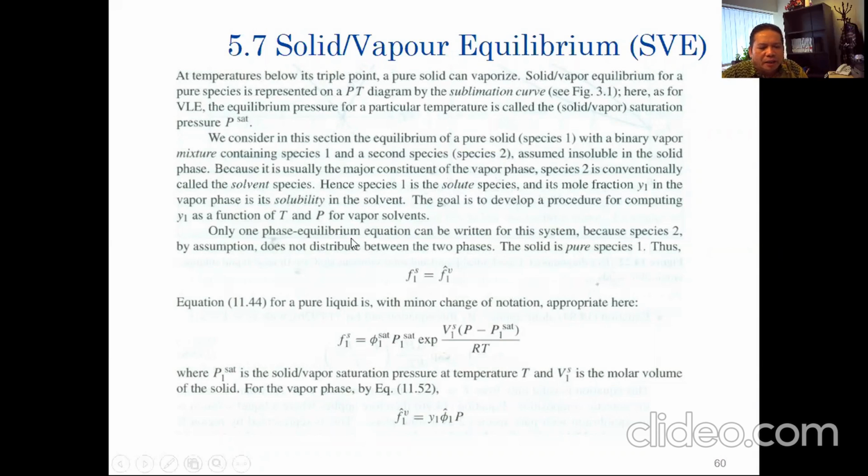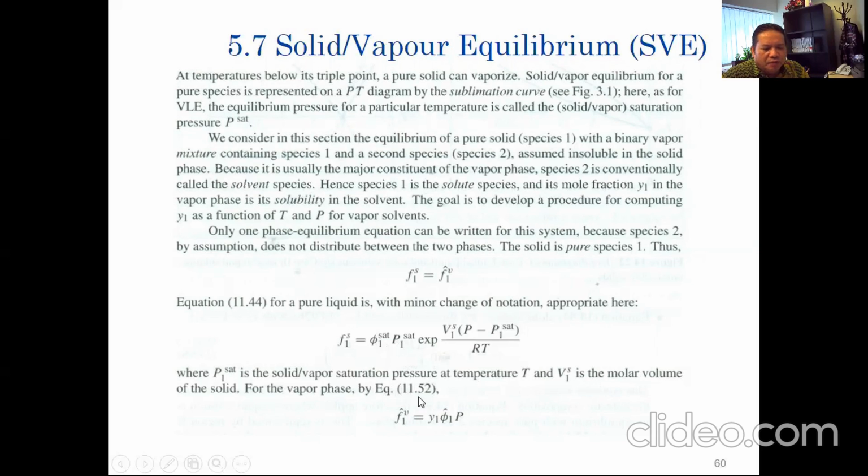This is the fugacity for the solid and this is the fugacity for the vapor. For the pure solid, the fugacity can be estimated using these equations, where Pi saturated is the saturation pressure at temperature T, and VS is the molar volume of the solid.